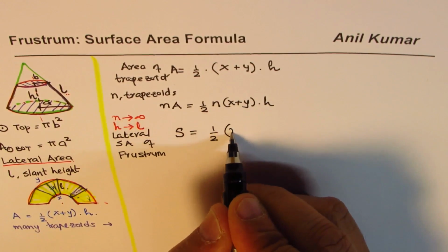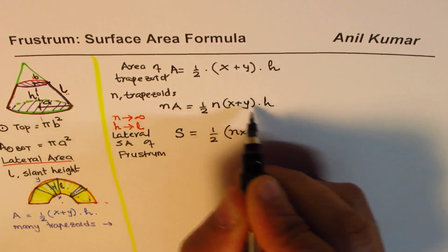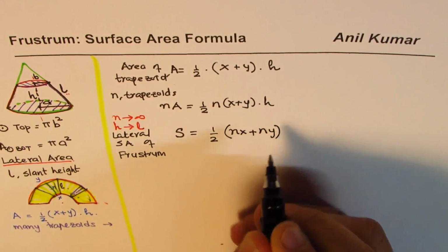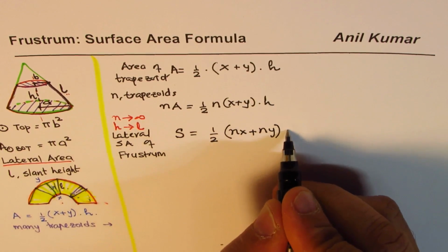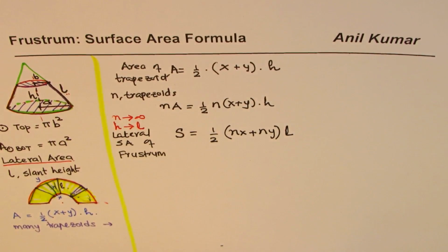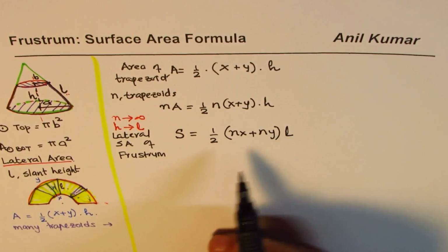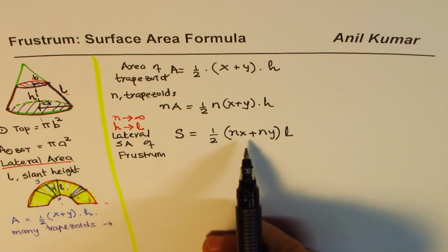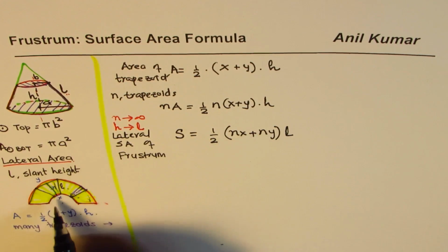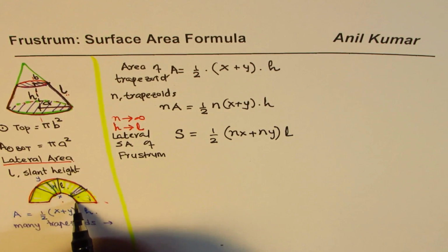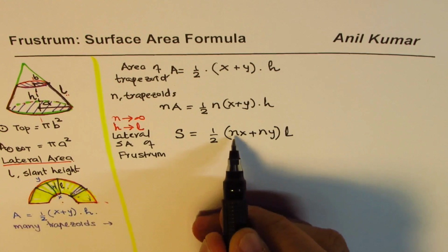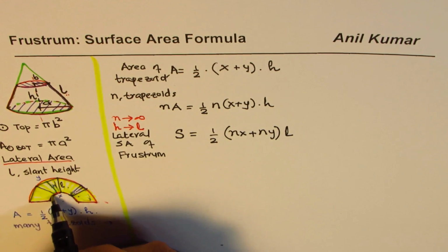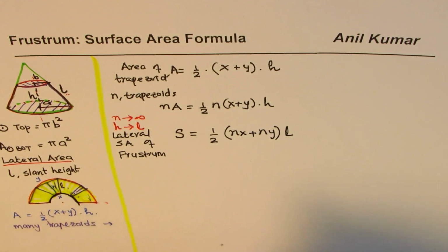So we have n times x plus n times y, and this height becomes L. Now what is n times x? N times x is the small bits along the inner side. So n times x is the inner circle, correct?